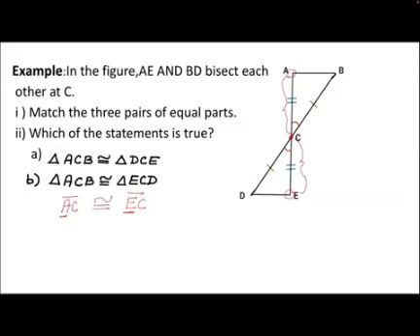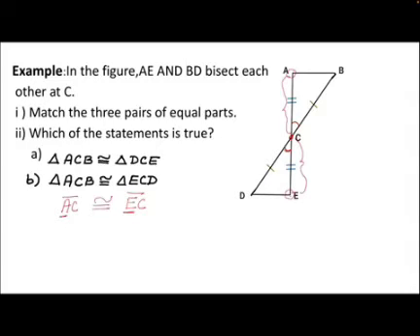Next, BC is congruent. Check again. CB. Where is our CB? CB is here. And CD is here. Okay, that is the next side. But before that, let us see what this angle is. Can you see this angle, children? This angle and here this angle.